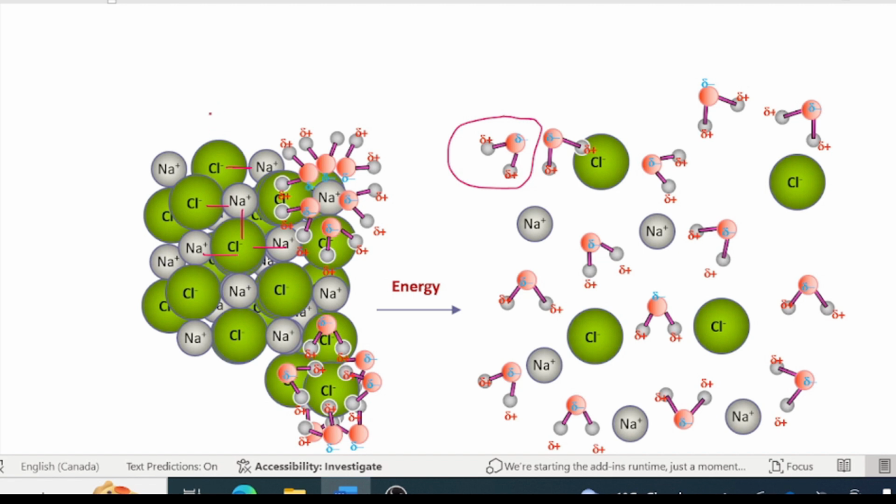In any ionic crystal, it depends on the charges on the ions. In this case, we have a sodium ion with one positive charge and chloride with one negative charge. You could have a calcium ion with two positive charges, and you could have an oxide ion with two negative charges. That's one of the factors that will determine the strength of the ionic bond.